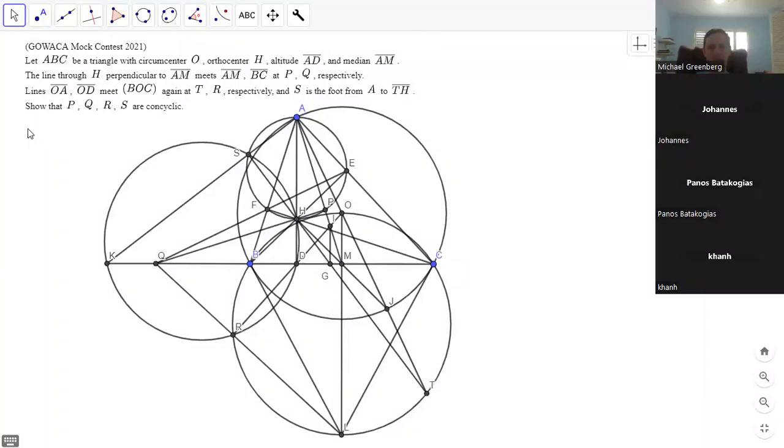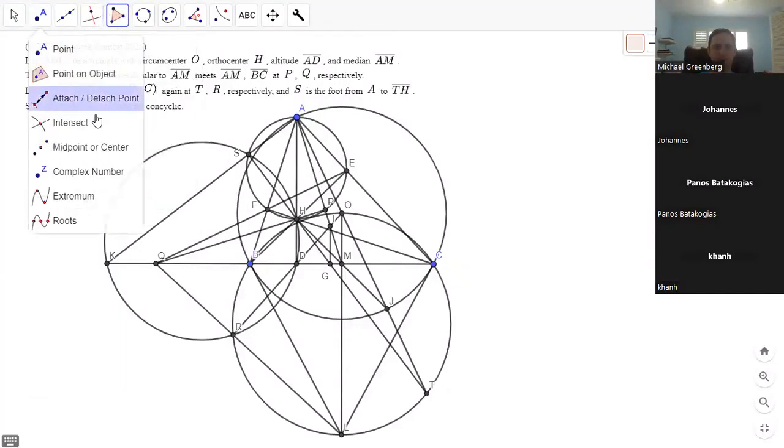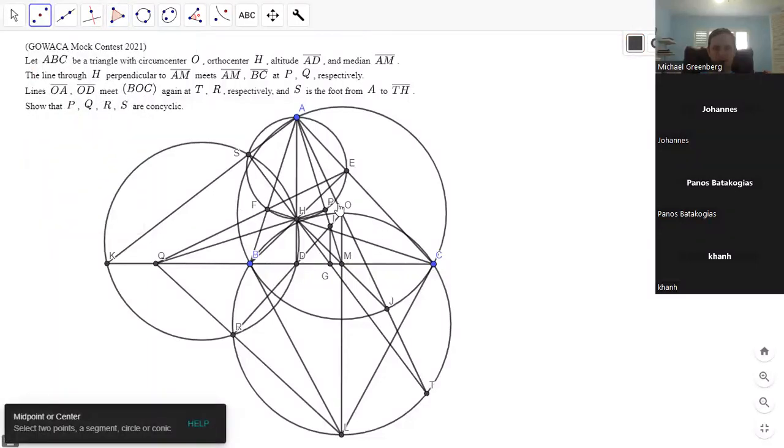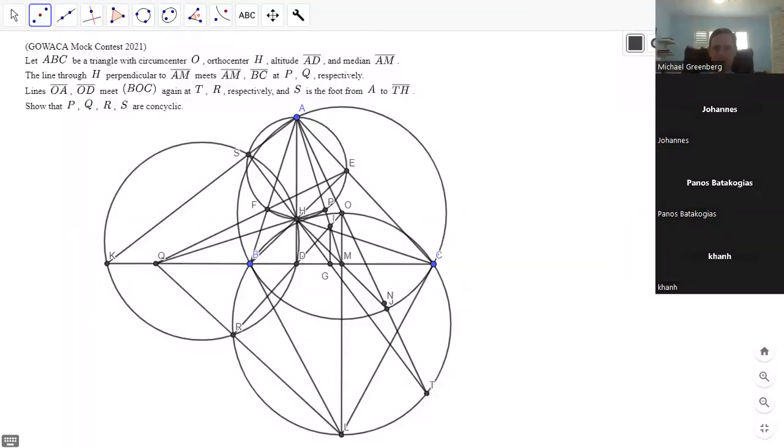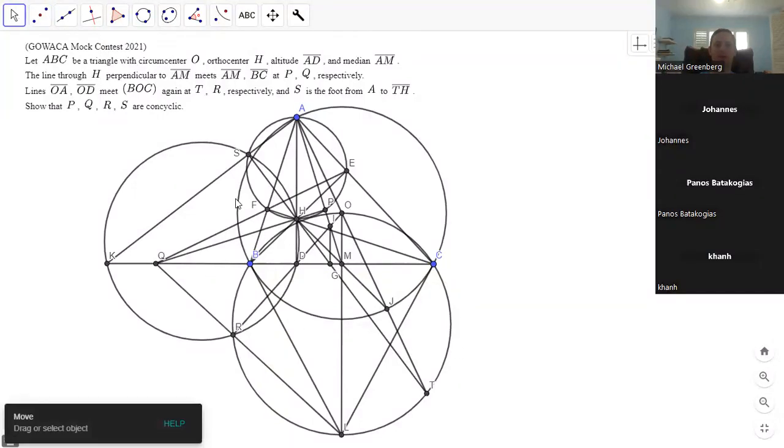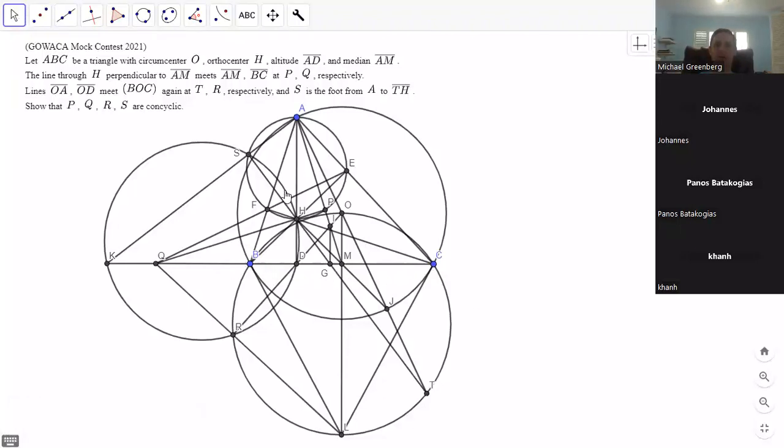There's a lemma, and I don't know if it has a name, but it states basically T is what we get when we use root BC inversion on H. And actually, the more general lemma is, if you take a point P, you intersect AP with the circle PBC, then you get the same point as when you take the isogonal conjugate of P and do root BC inversion on it.